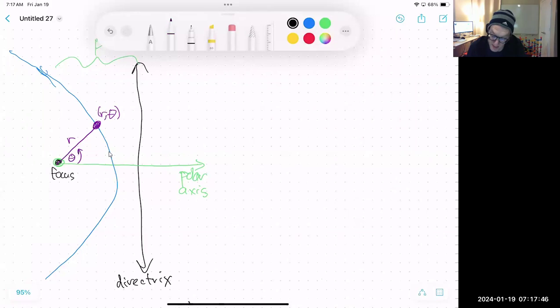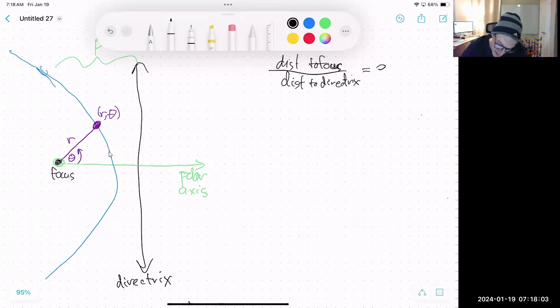Again I apply the definition of a conic: distance to focus over distance to directrix equals E, the eccentricity.